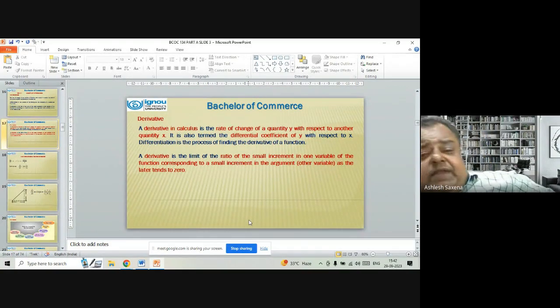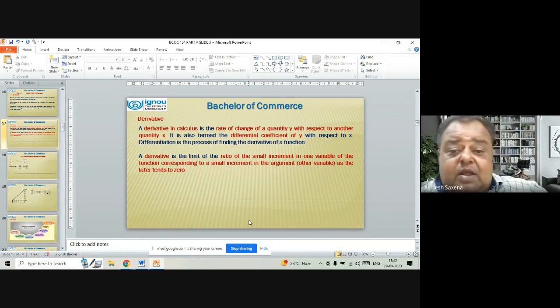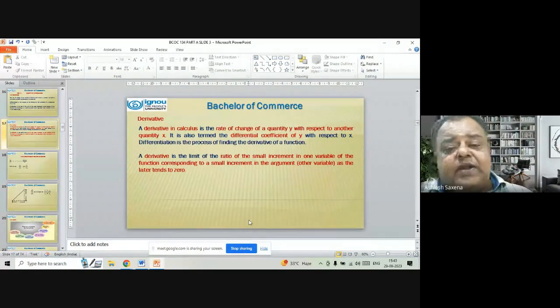A derivative is the limit of the ratio of the small increment in one variable of the function corresponding to a small increment in the argument, that is the other variable, as the latter tends to 0. These are the basic definitions of the basic concept of derivative.